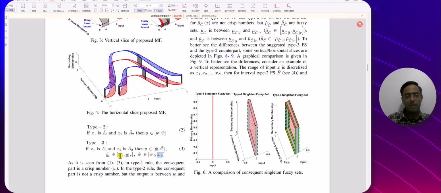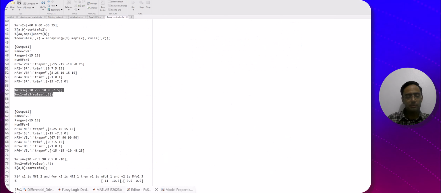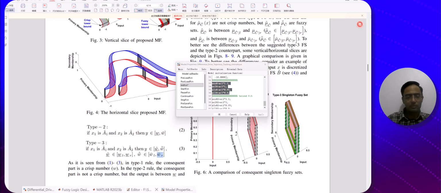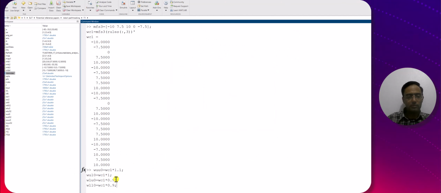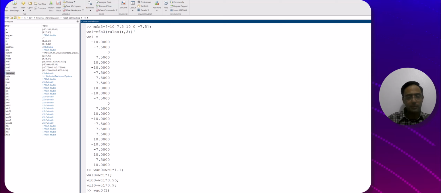So, for example, for the first input, minus 11 is the right side.